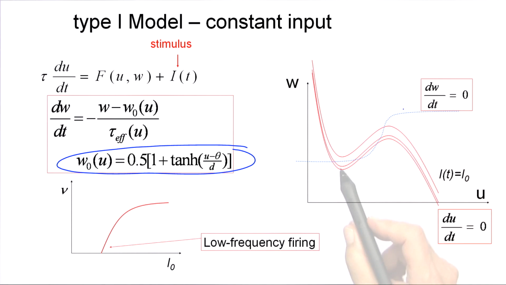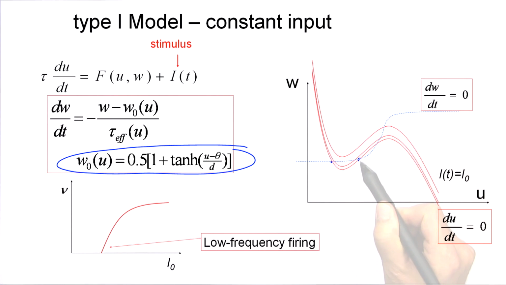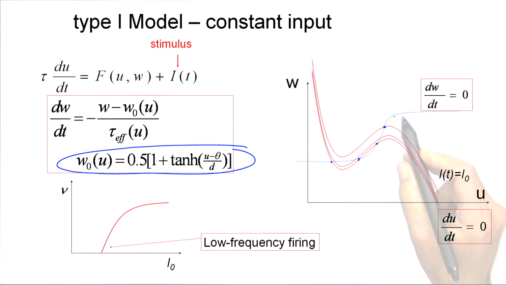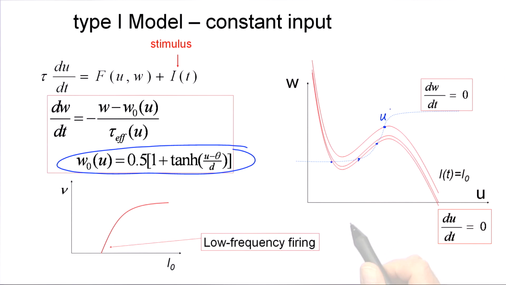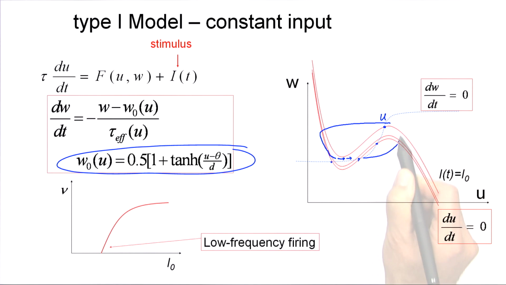So we have a bifurcation. We start off with 3 fixed points. We increase the current. The red curve shifts upwards. Only 1 fixed point is left. If this fixed point is unstable, we have a limit cycle, and the limit cycle is very slow in this region before it takes off again.